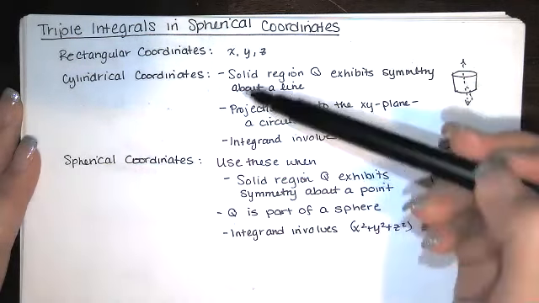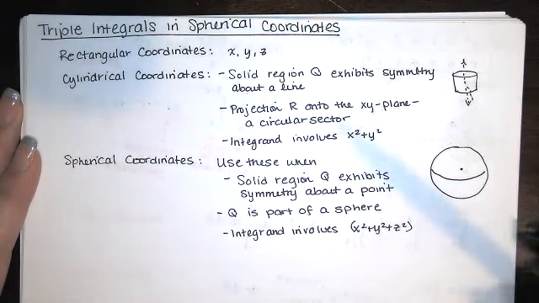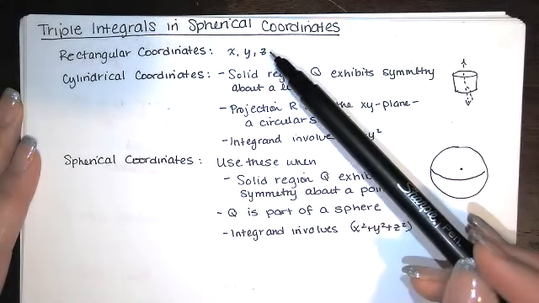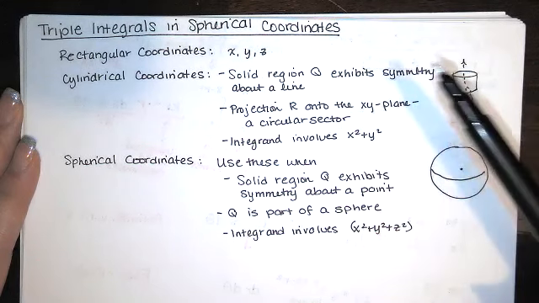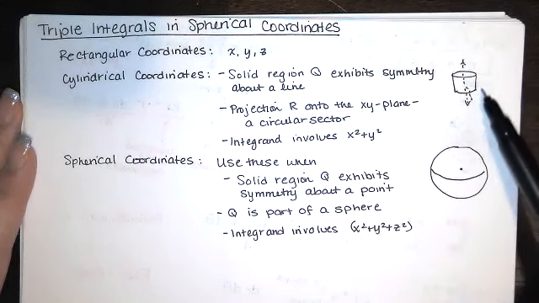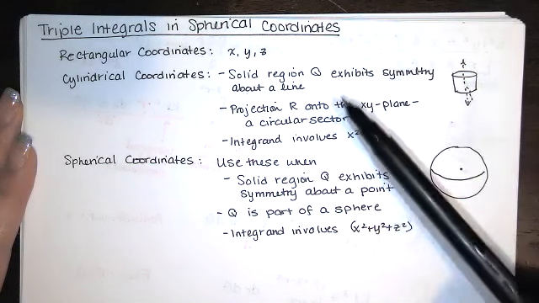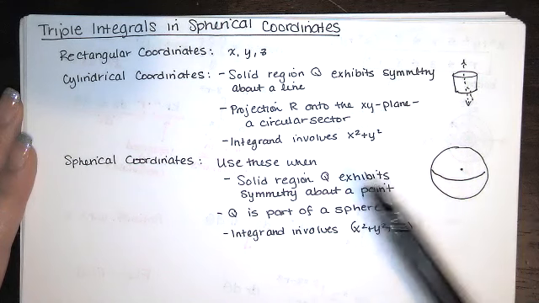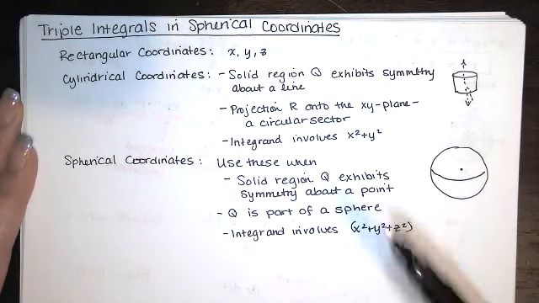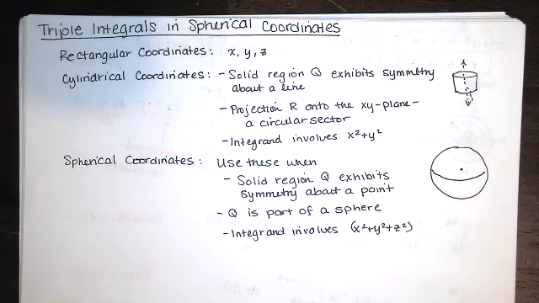But again, the big picture with both of these coordinate systems is that if this integral is difficult to evaluate in rectangular coordinates, but I've got some symmetry about a line, so everything would be easier to describe in cylindrical coordinates, or I've got some symmetry about a point, so everything would be easier to describe in spherical coordinates, we just go to the alternate coordinate system.